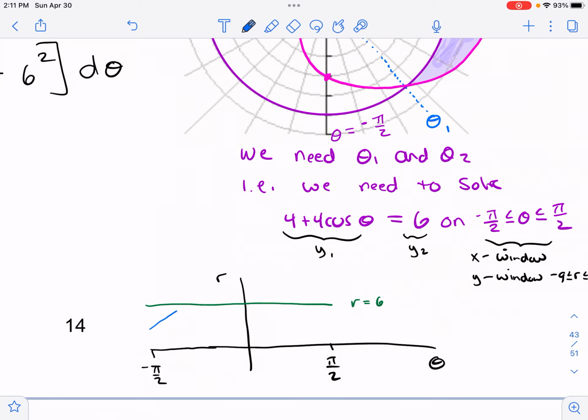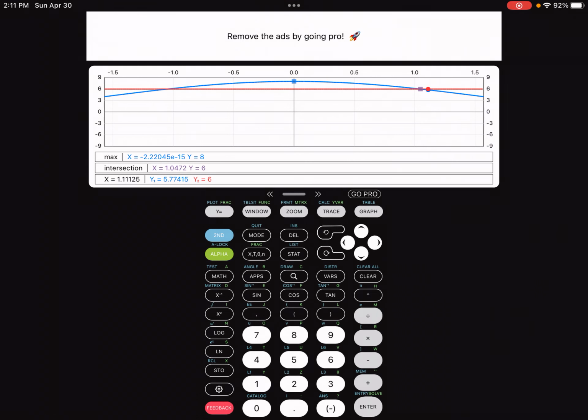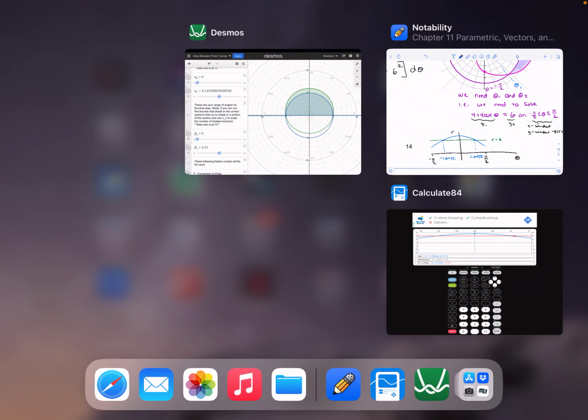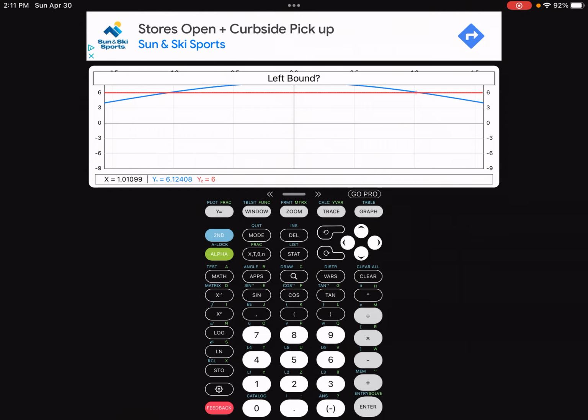I just found that this is 1.0472. Now I'm going to guess that there's a symmetry here, but we can confirm that just by computing. It's symmetric. But if you're not confident with that reasoning, let's just do it anyway. As we said, negative 1.0472.